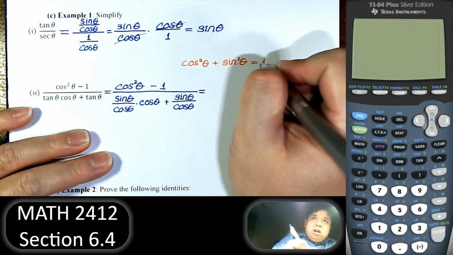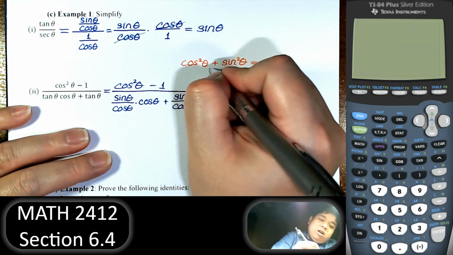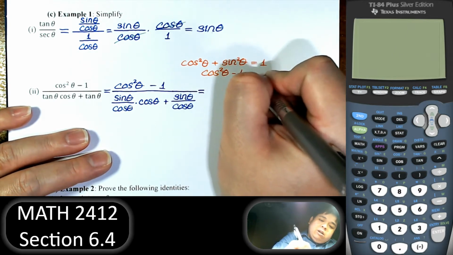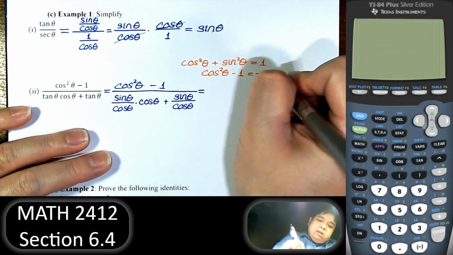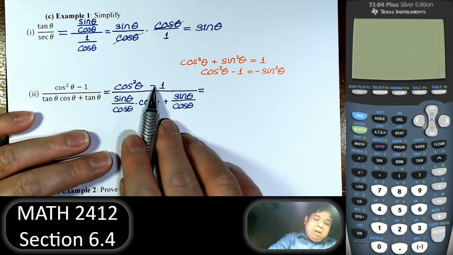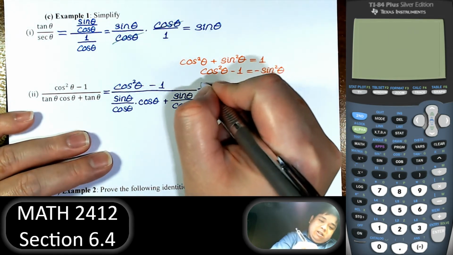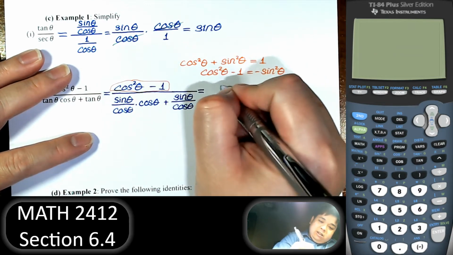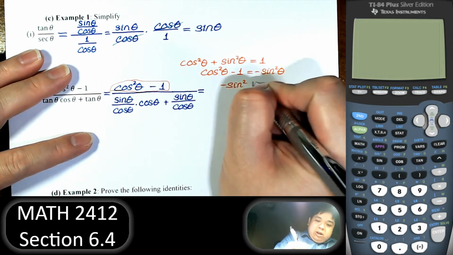Subtract 1 and subtract sine squared on both sides. We have cosine squared minus 1 equals minus sine squared. So cosine squared minus 1 is minus sine squared. I use that for this, and we have negative sine squared.